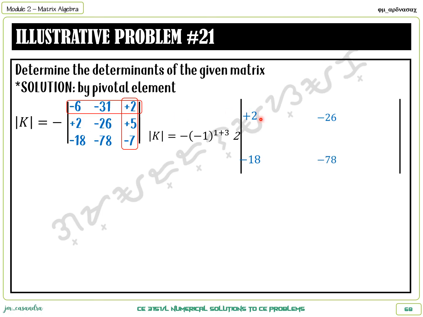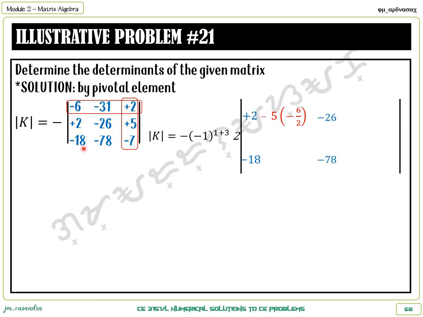So again, we subtract this to the product of the elements that would be intersecting our element. So for 2, it is negative 6 and 5. But take note, the negative 6 is in the same row as our pivotal element, and we have factored the pivotal element. So it becomes negative 6 divided by 2. Okay, multiplied to 5.